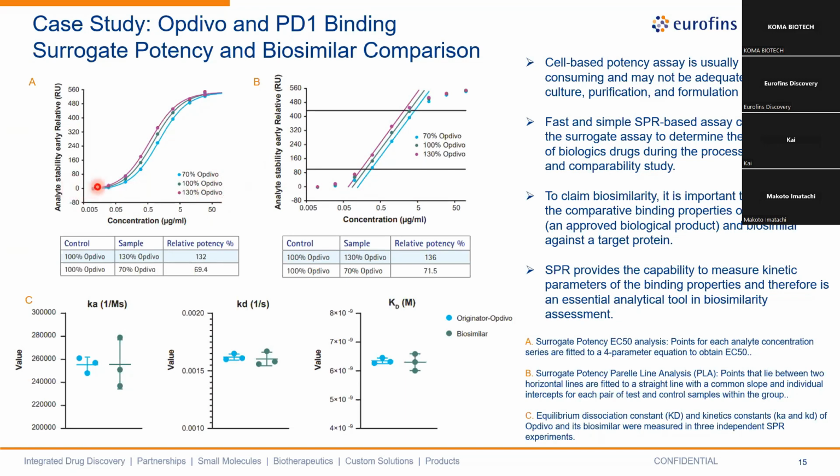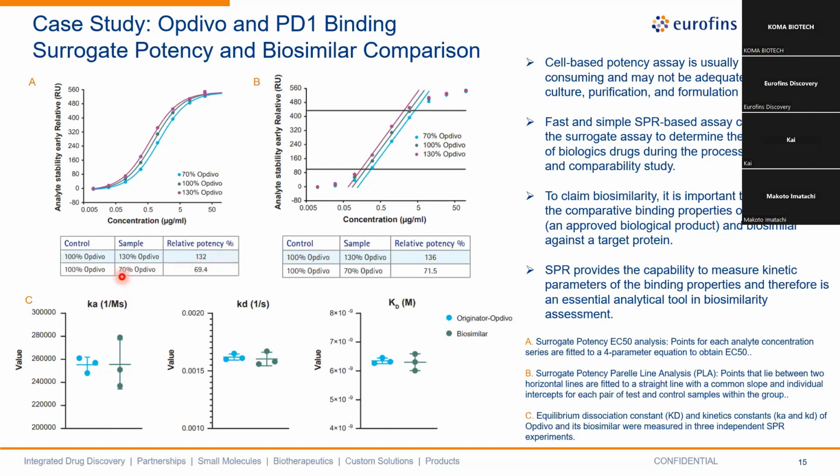Then if you run the SPR potency assay, you can fit it with a 4-parameter EC50 model. And then you can calculate those samples. You can see that if you have a 130% of optimal sample, the relative potency we calculate through this SPR experiment is 132. It's pretty close to the 130 optimal sample.